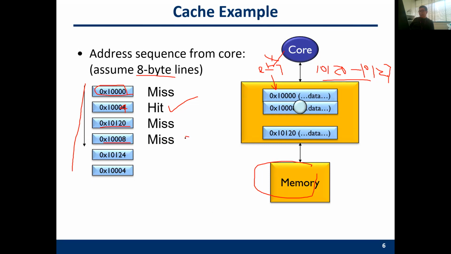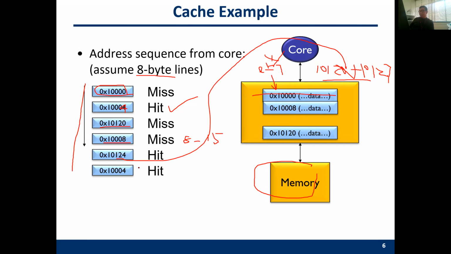This 8 bytes indicates from 8 to 15. And then for the fifth, we have a hit because this number is actually in this range. And for the last one, we have a hit because it hits in the first block.